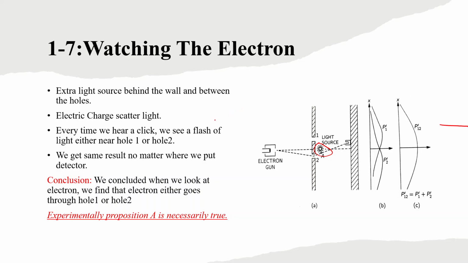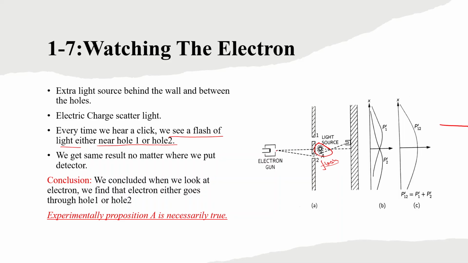Now, whenever an electron passes through, these electric charges scatter light, and when they scatter light, we see a flash. Every time we hear a click, we see a flash of light either near hole 1 or hole 2.